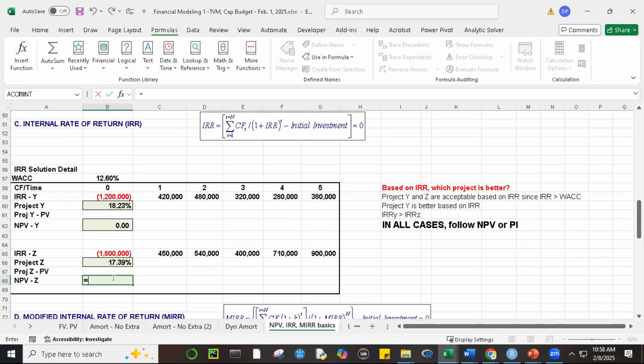And once again, let's take the NPV. NPV of IRR of project Z, comma, value 1, plus the initial investment there. So what are you getting there?